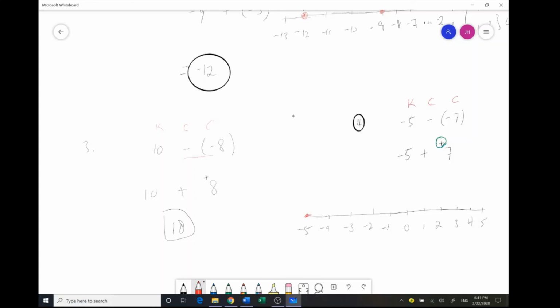Now I have to add +7. So adding a positive number is moving the units to the right. So in this case, I'm moving 7 units to the right. So 1, 2, 3, 4, 5, 6, and 7. So at the end of the day, -5 plus 7 equals +2. Okay.